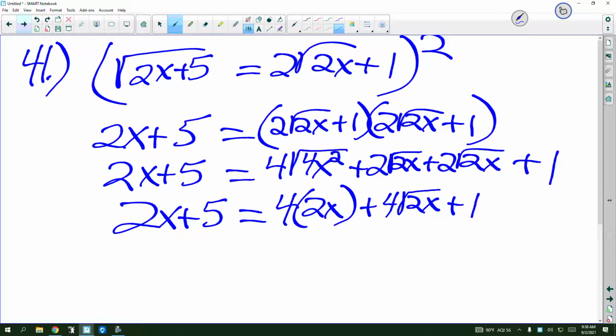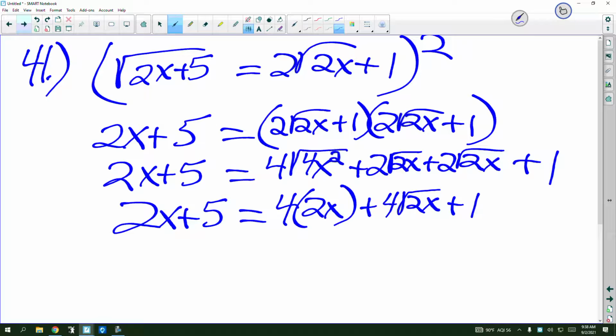I thought with foiling you had to go like 1 and then there and then there. Yeah, that's F, then O, then I, then L. So 2 root 2x is like one number, one term, like y, and this is like y, so it'd be like y squared. Got it.